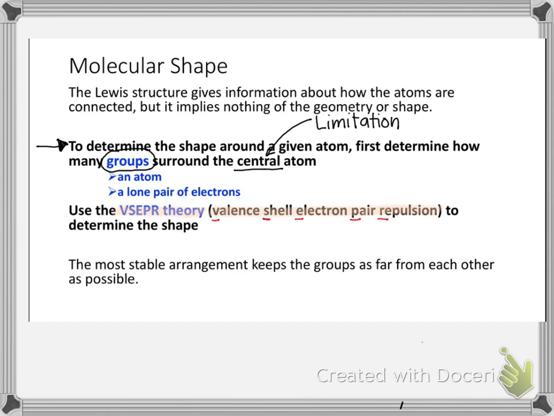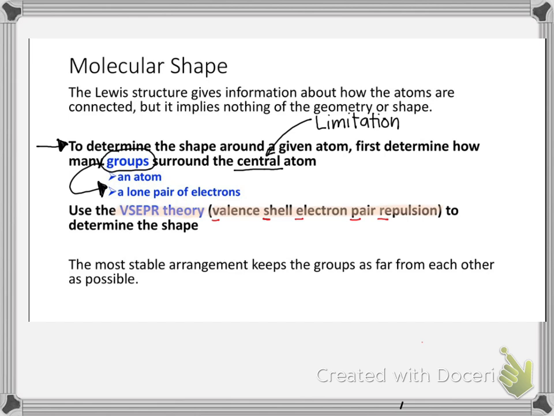All right. So going back, it says determine the shape around a given atom, the central atom. First, determine how many groups. Now, groups can be an atom that's bonded to the central atom, or they can be lone pairs, those non-bonding electrons.